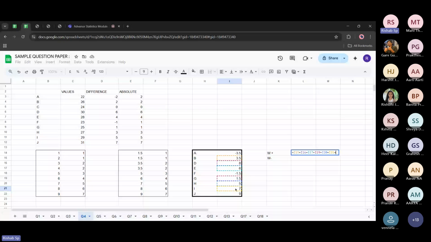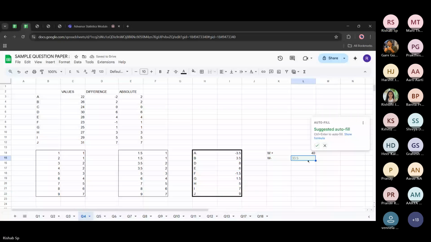So 3.5, 6, 1.5, 5, 7, 9. 40 is the W plus value. Okay. W minus value is 3.5 plus 1.5. The sum should be what? 5. Correct.